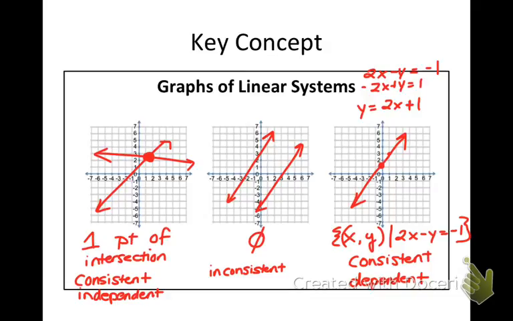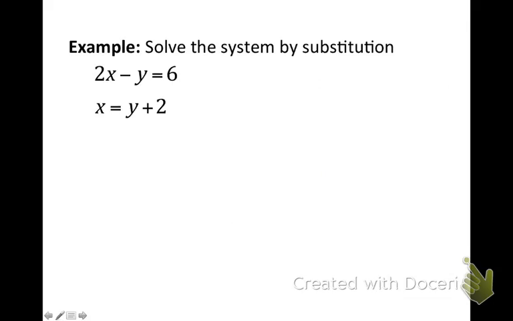All right. So first system. Let's make sure we got our substitution method down. 2x minus y equals 6. x equals y plus 2. Is a variable already solved for?